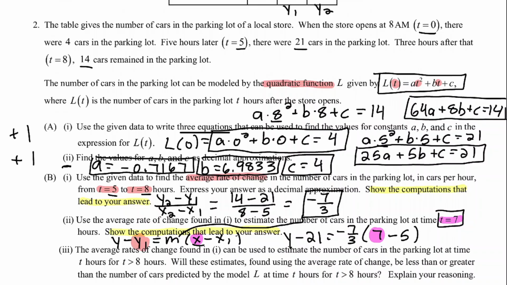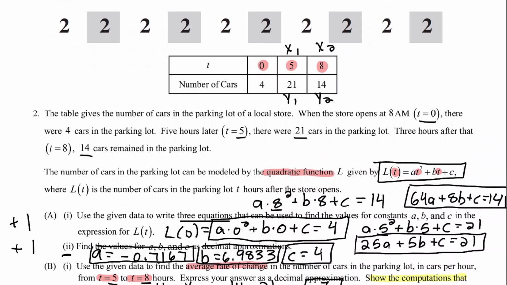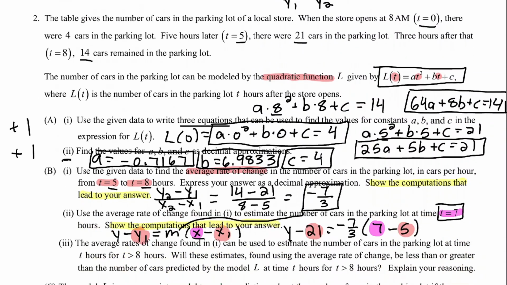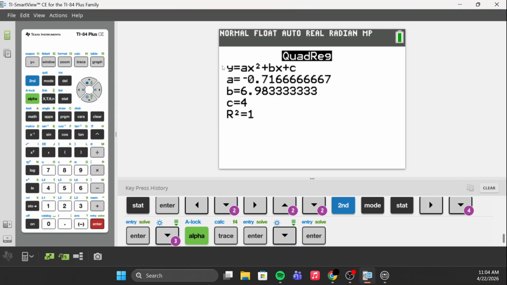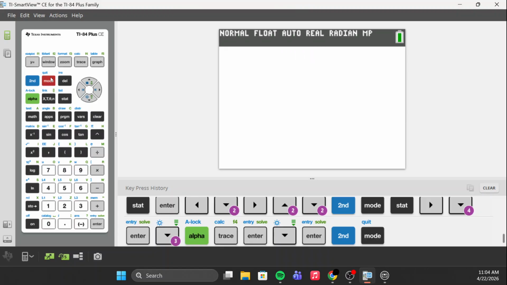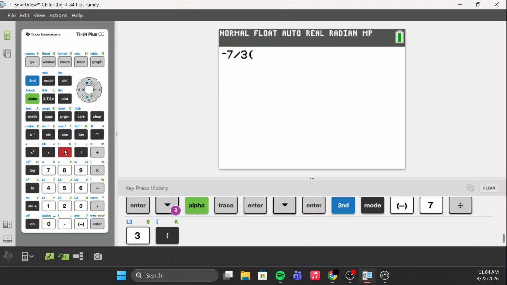Again, I got y1 and x1 from the table up here. I'm looking up here at 5 and 21. That was my x1 and y1 that I used. Again, the slope I got from part A, or from part 1. And now you have to find y. And you can use your calculator. So I would do something like this. In your calculator, you can type in negative 7 over 3, parenthesis, 7 minus 5.